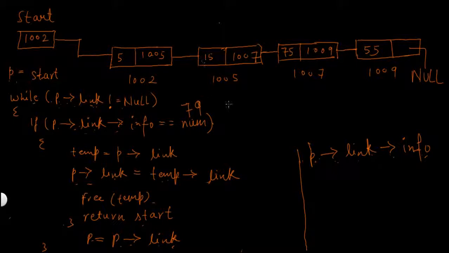Now let's say the user enters a number and that number is not present in any nodes of the linked list. Let's say the user enters 79 and 79 is not present in any of these nodes. So this while loop will execute as usual. This if condition will never be true.